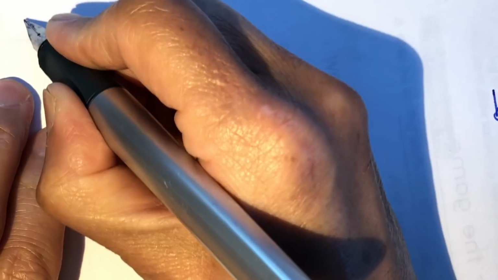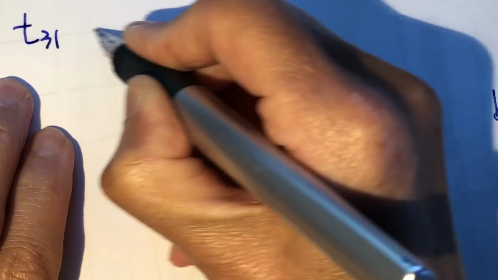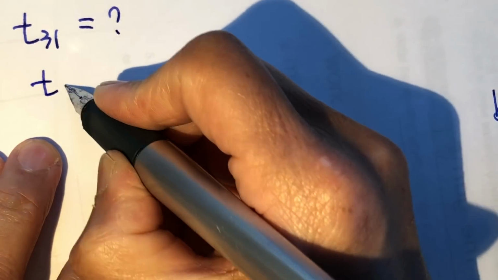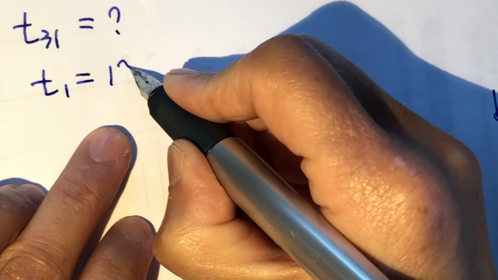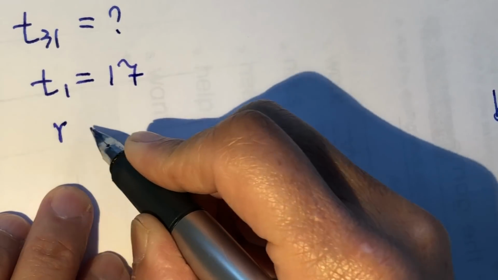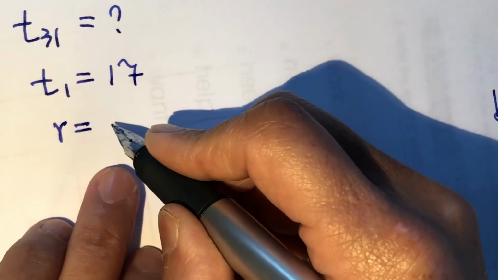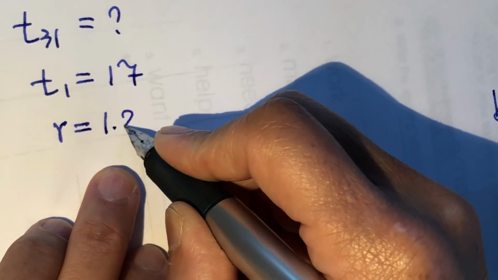First, we write down the given. To find is T31, what we want to figure out. This is a variable. And it's given T1 equal to 17, and common ratio, always the same pace of growing, is 1.2.